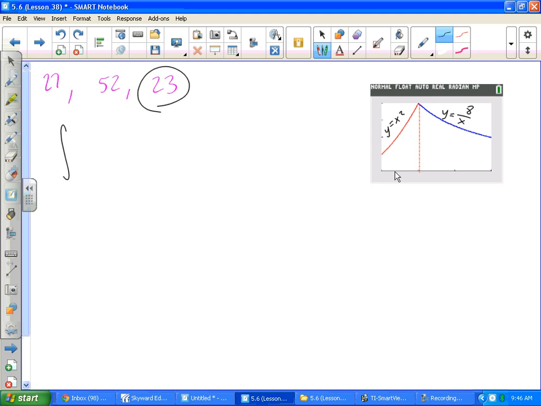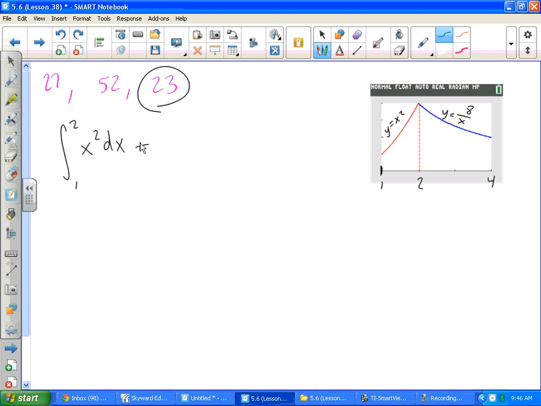So where do those intersect each other? What value is this here? 1. This value is 2, and this value is 4. So I'm going to go from 1 to 2. And what equation goes in there? My x squared, right?